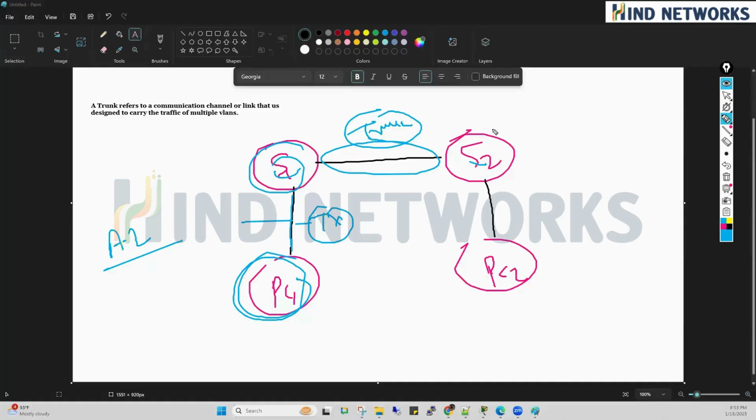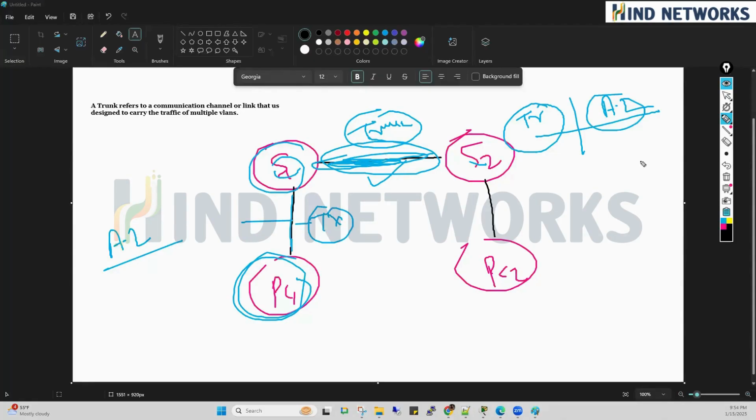So now again you will ask, okay sir, what do you mean by trunk link and what do you mean by access link? Please remember, trunk is the link that carries multiple VLANs with a single physical link. Here we have one physical link, and with this physical link all the VLANs can travel. But what do you mean by access link?